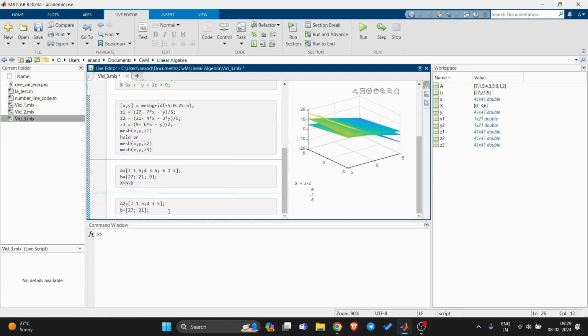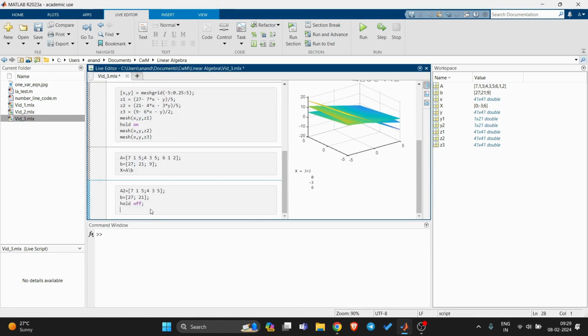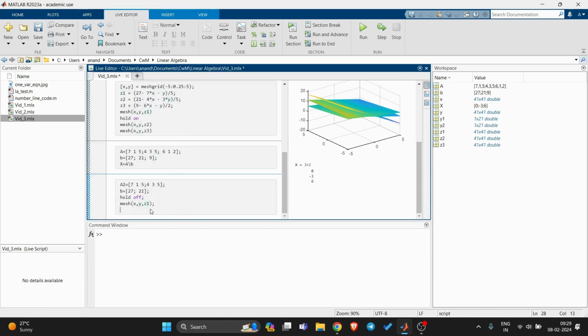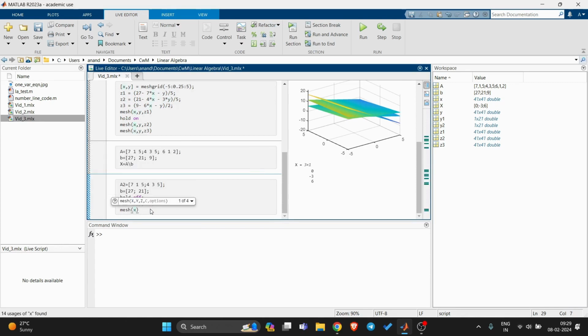So if I visualize this system, let me plot these graphs. So x comma y comma z1, then x comma y comma z2.